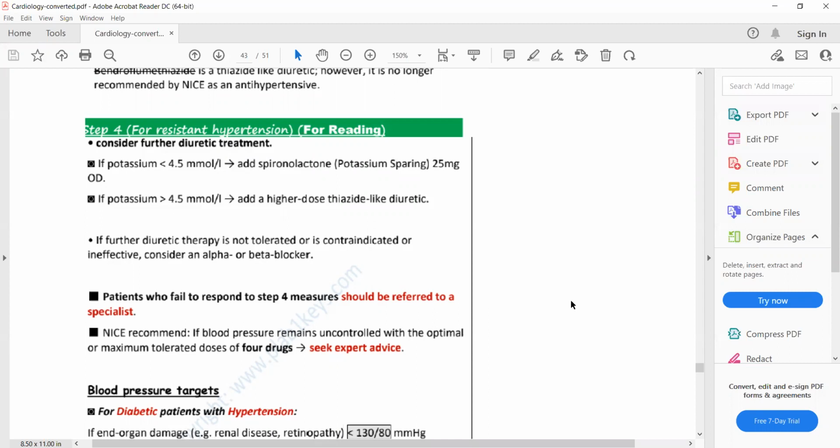So the fourth step depends on the potassium level. If potassium level is less than 4.5, then we'll add spironolactone. And if potassium level is more than 4.5, because spironolactone can cause hyperkalemia, we will increase the dose of thiazide diuretics.